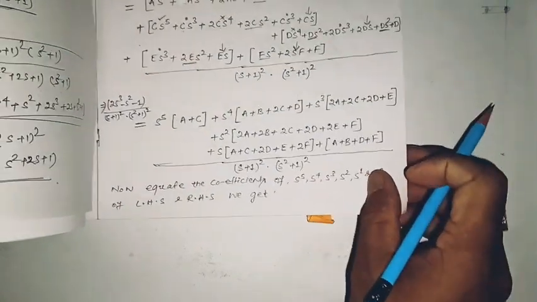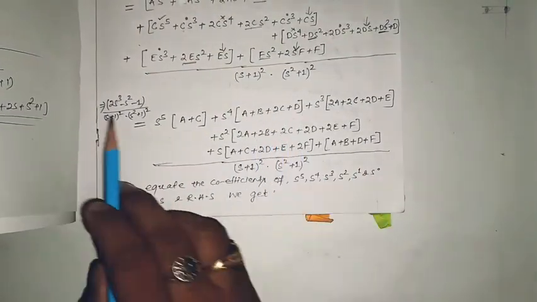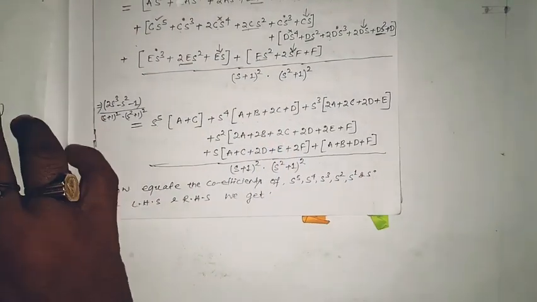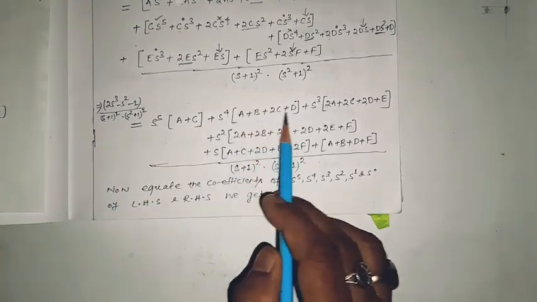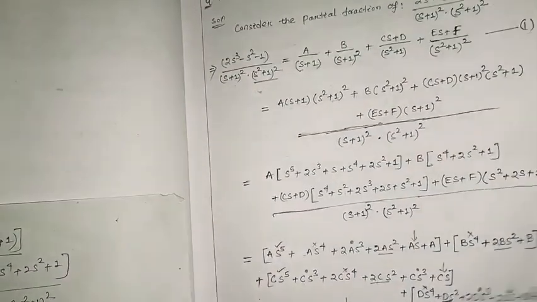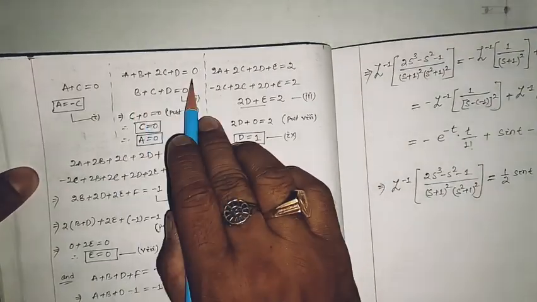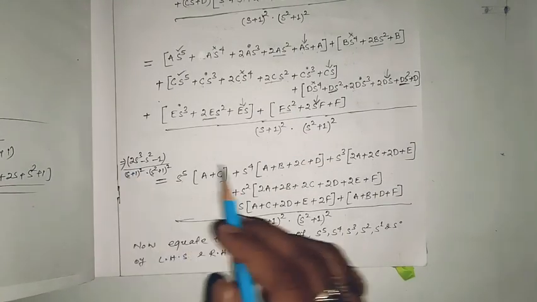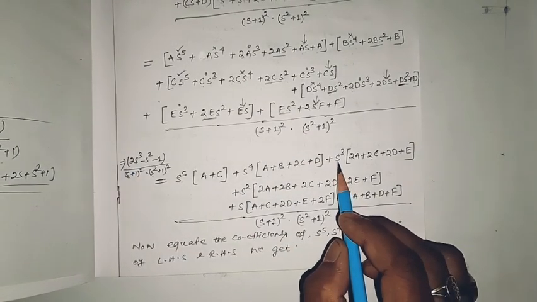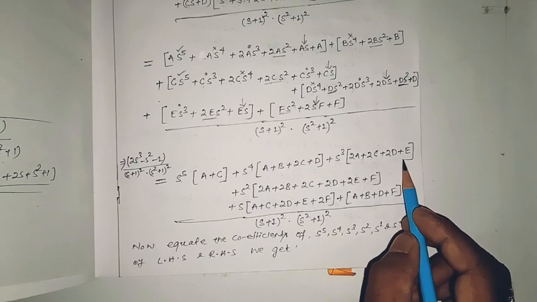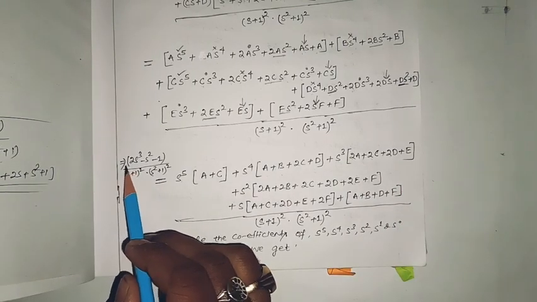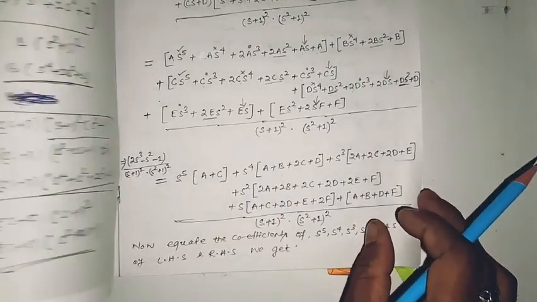Then the s to the power 4 coefficient is your a plus b plus 2c plus d, but in your left hand side there is no s to the power 4 term, so obviously this one will be equal to 0. a plus b plus 2c plus d will be equal to 0, right? Then the s to the power 3 coefficient is this one, and here left hand side is your 2. So this much is equal to 2.